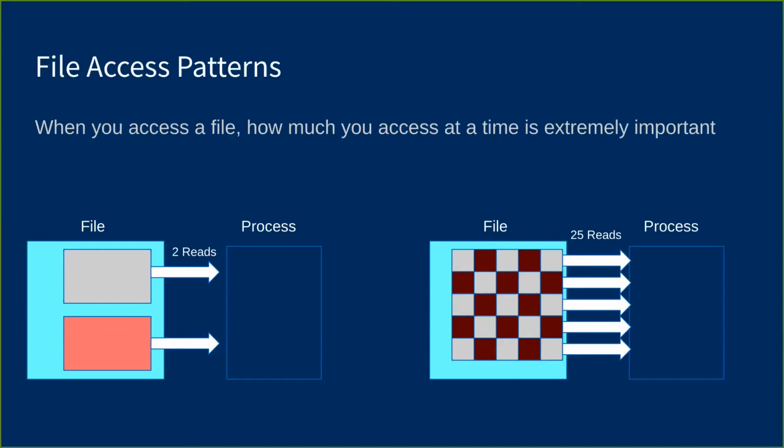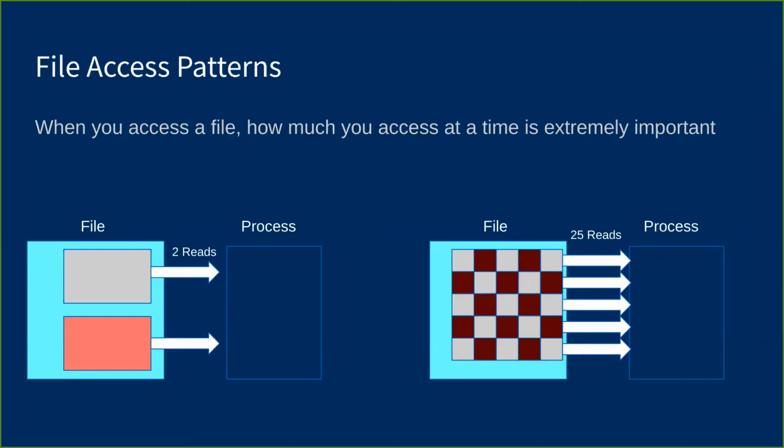So let's say I am going through a file and I want to grab every, say, 1,000th line, but not in the correct order. So maybe I want to grab the 13,000th line, then the 4,000th line, then the 25,000th line. That's going to be very inefficient because we have to open the file, seek to where that data that we want is, and then read that little teeny chunk.